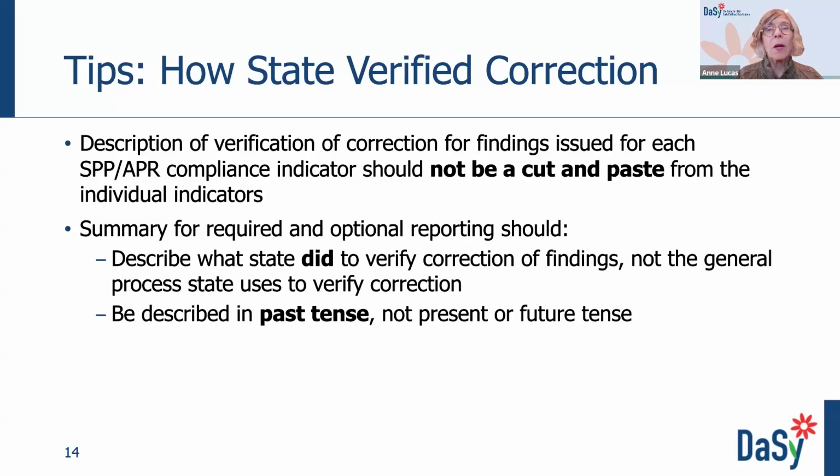So I want to give you a couple tips. What we have heard from OSEP is that they're not looking for a cut and paste from the actual indicator. When you're writing about C1 in the indicator, they're not looking for just a cut and paste and put it into the C12 under indicator 1.